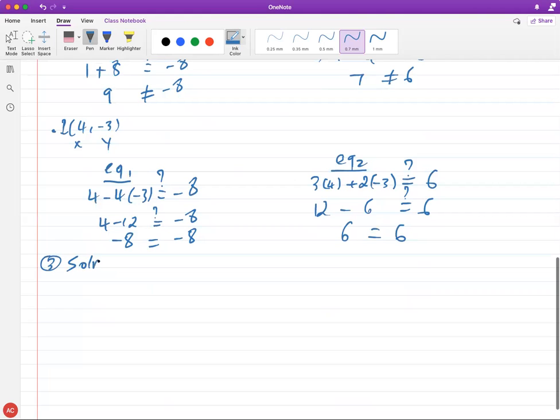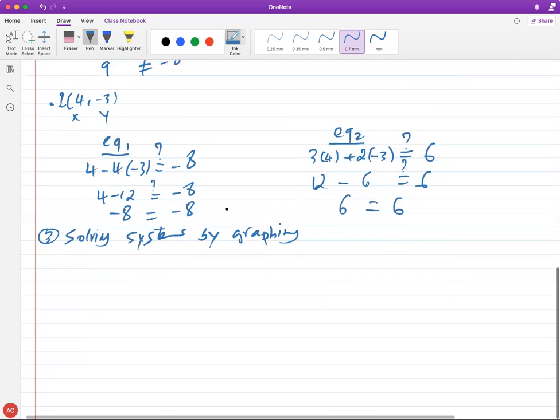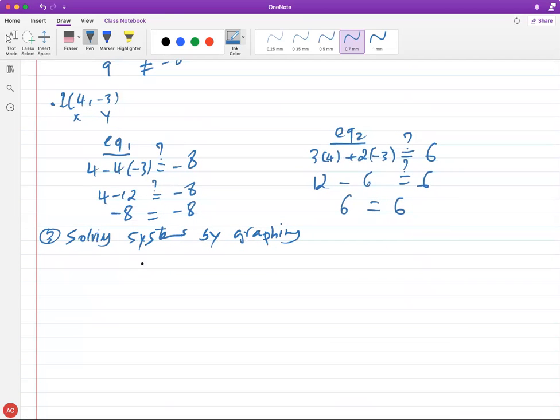Okay, so solving systems by graphing. So let's take a first example here, and maybe another one.